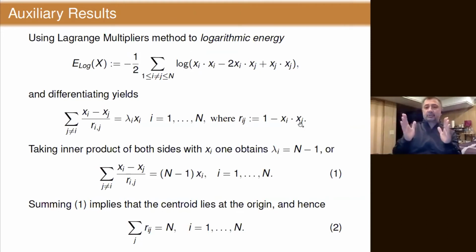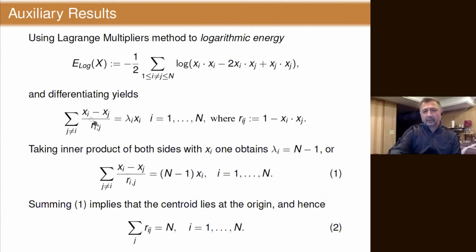the distance squared between x_i and x_j, divided by 2, then differentiating with the Lagrange multipliers, one gets these vector conditions. Now let me explain these vector conditions.